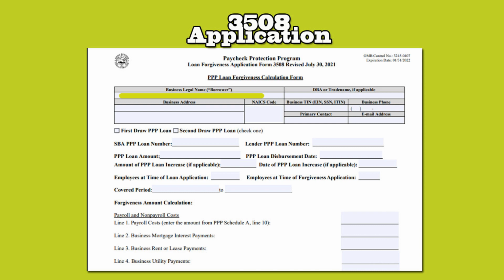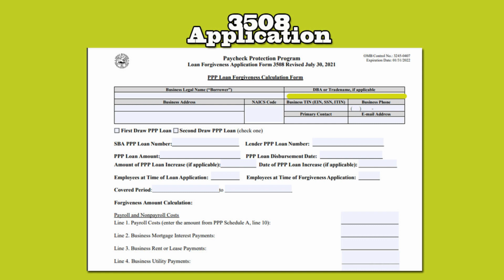If you are an LLC or corporation, you would put your LLC or corporation name in this section. In the next box over, DBA or trade name, you would then put your DBA, your doing business as name. John Tax Service, right there. If you're a corporation, you would not put anything unless you have a subsidiary business that you receive these funds for.